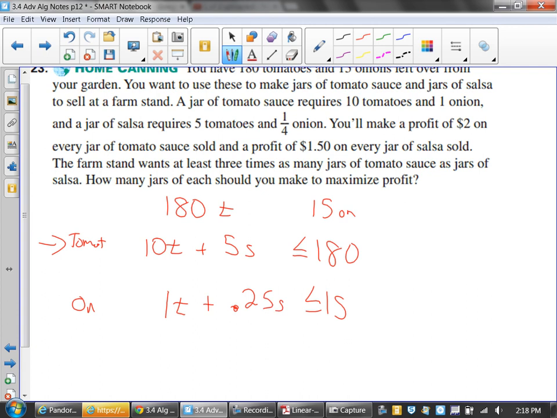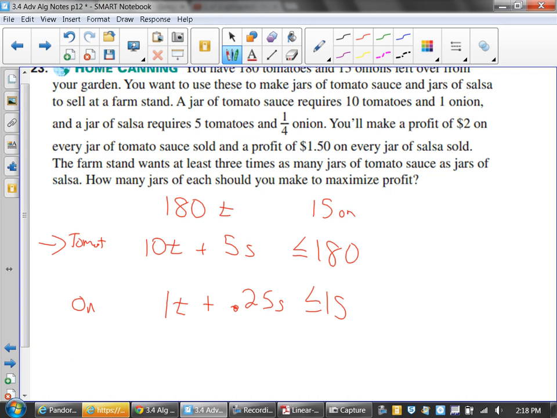What's happening here is you have 180 tomatoes, you have 15 onions. The tomato sauce uses 10 tomatoes, the salsa uses 5 tomatoes. In the onions, the tomato sauce used 1, and in the salsa, it used a quarter, for up to 15.